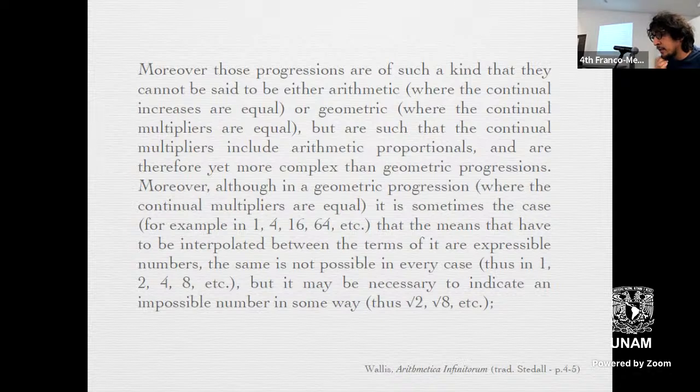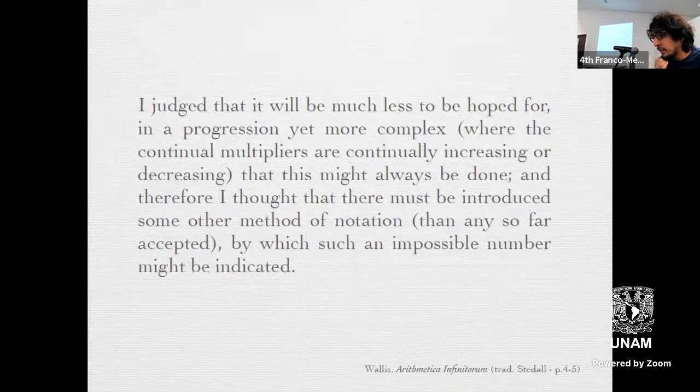I judge that much less is to be hoped for in a progression yet more complex, where the continual multipliers are continually increasing or decreasing, that this might always be done. And therefore, I thought that there must be introduced some other method of notation than any so far accepted, by which such an impossible number might be indicated.